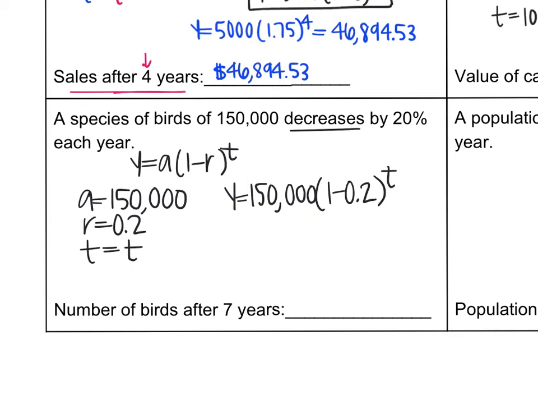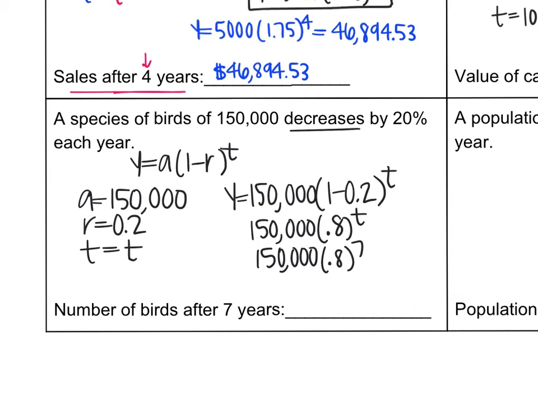So that'll be 150,000 times 0.8 to the T, and then I'll plug in 150,000 times 0.8 to the 7th power, and I will solve for that. We're talking about number of birds, so let's round to the nearest whole number: 31,457. We don't want 0.28 of a bird, so let's leave that.